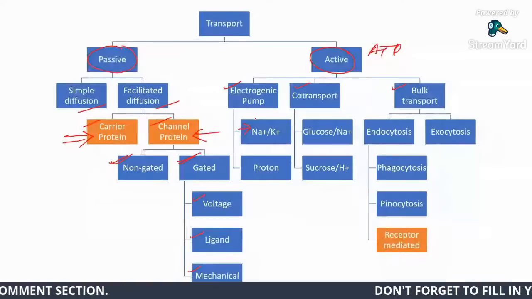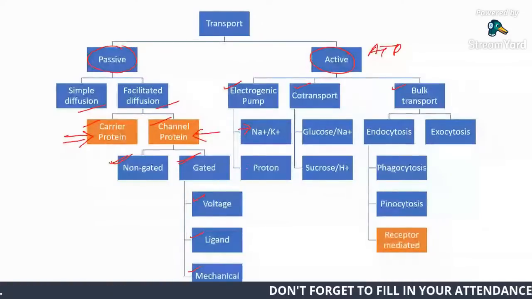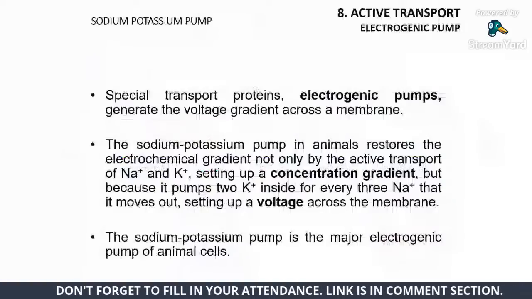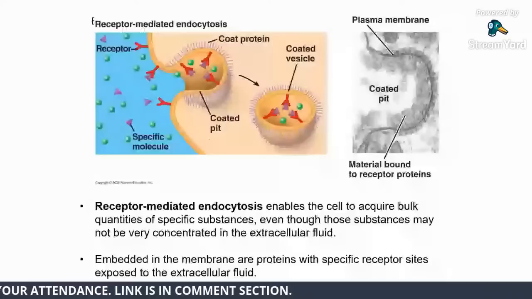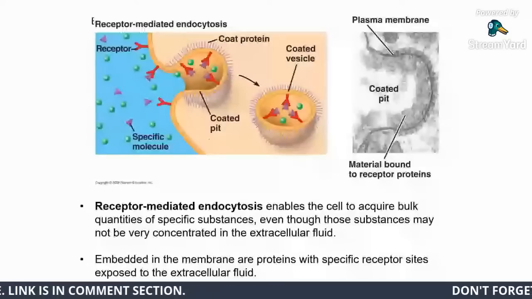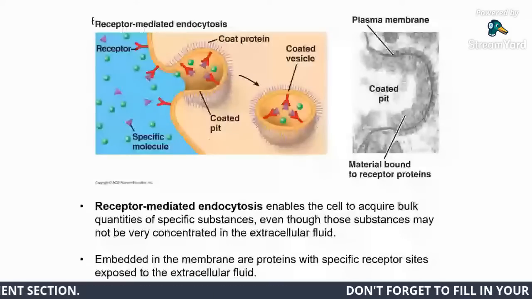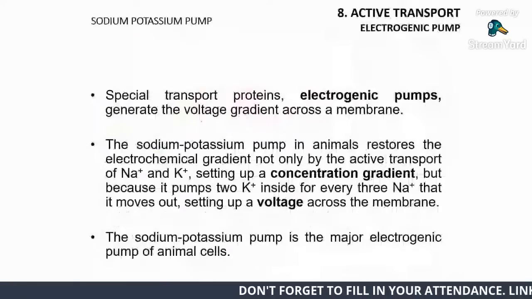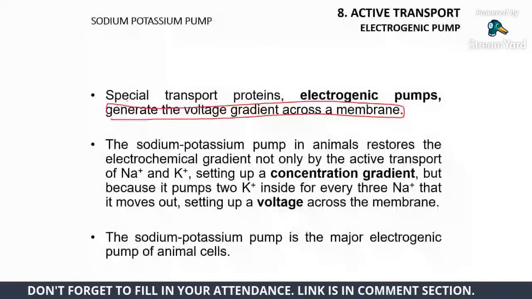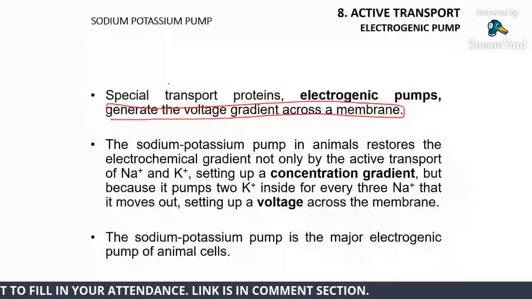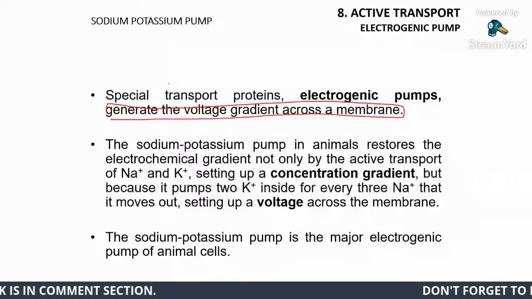And this electrogenic pump is basically to generate a voltage gradient across the membrane. Meaning that we want to maintain the gradient.